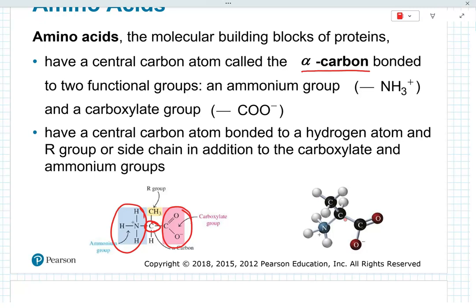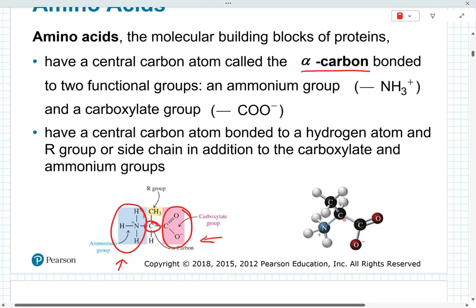The alpha carbon. That linking carbon is the alpha carbon. No matter how I draw the amino acid, the amino and the carboxylate group will be connected by the alpha carbon. Does that make sense?